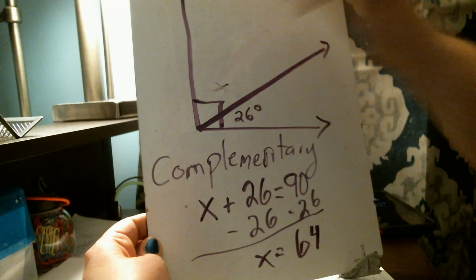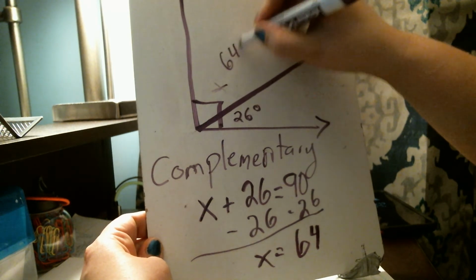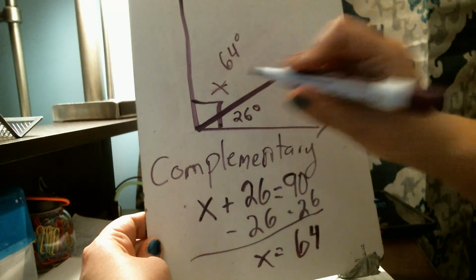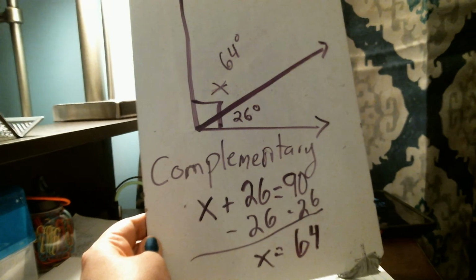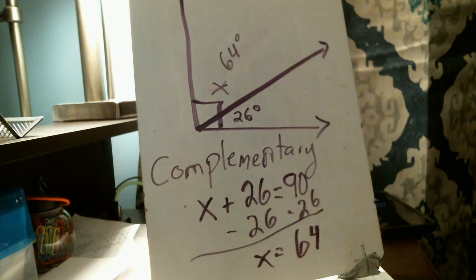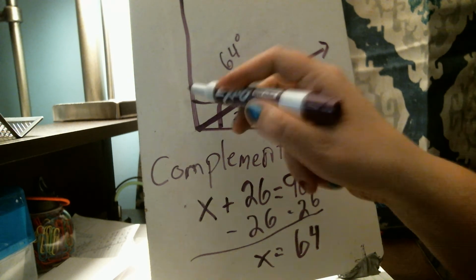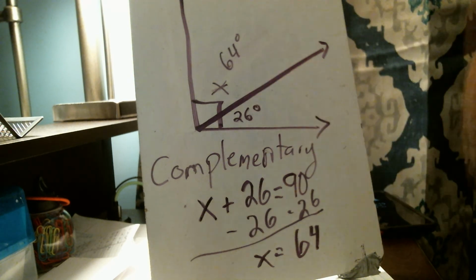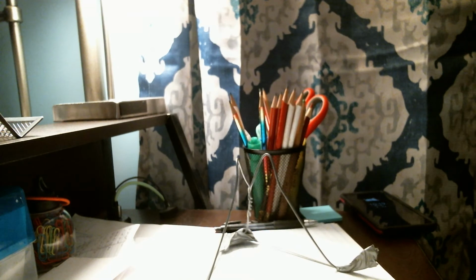Yeah, it's 64. So this is a 64-degree angle because this whole angle up here is x. All right, easy peasy, complementary angles, right? When they add up to 90 or when they make a right angle, then they add up to 90. All right, last one.